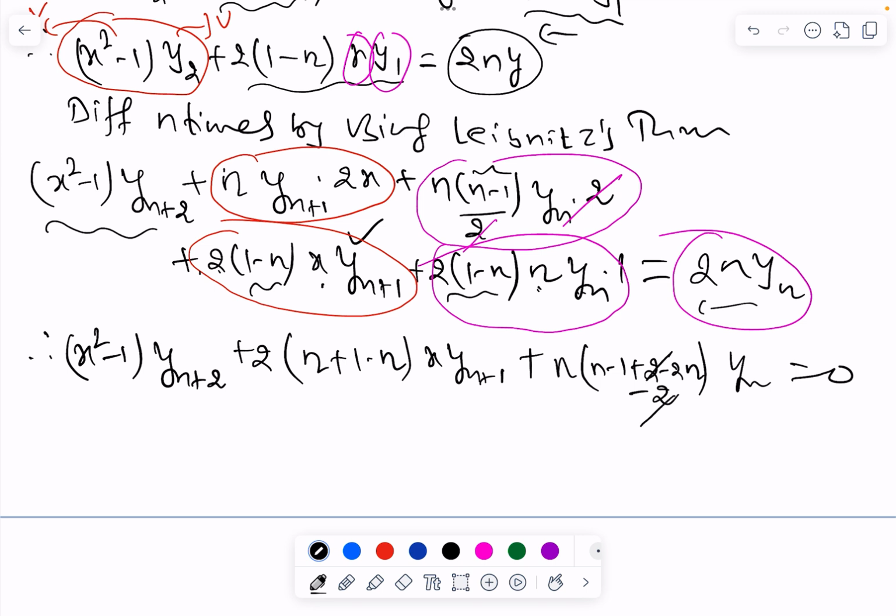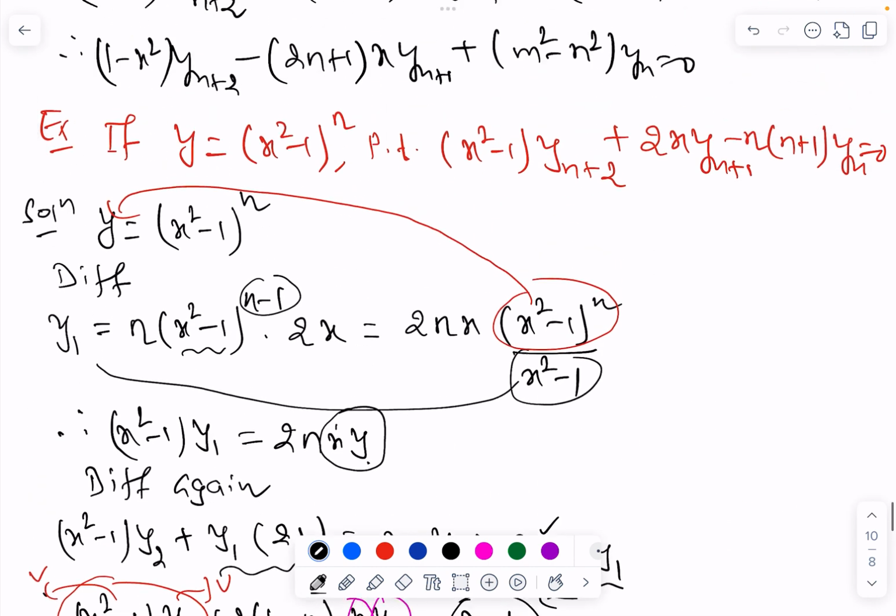So this 2 and 2 will be getting cancelled. This n and minus 2n is n minus 2n is minus n.